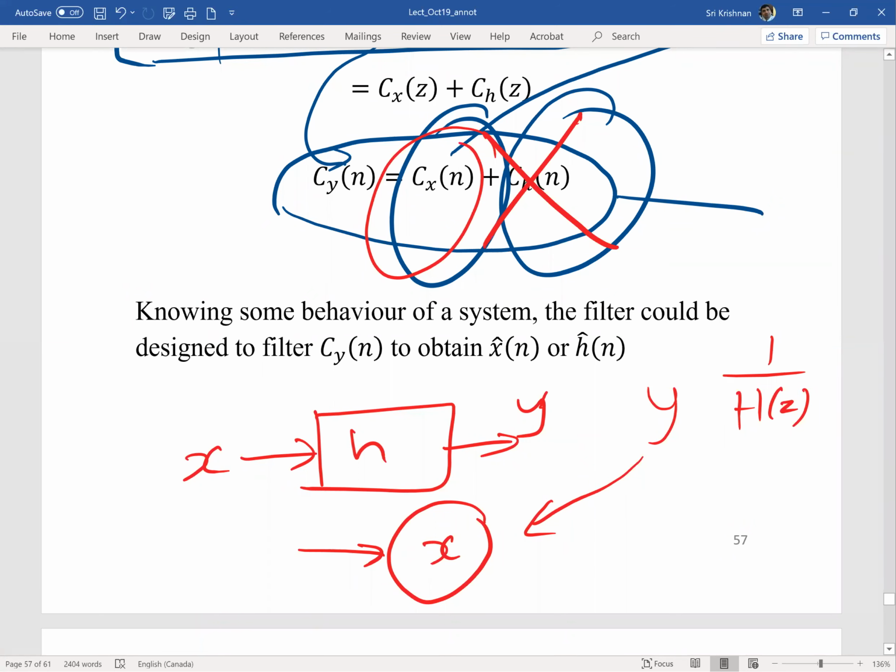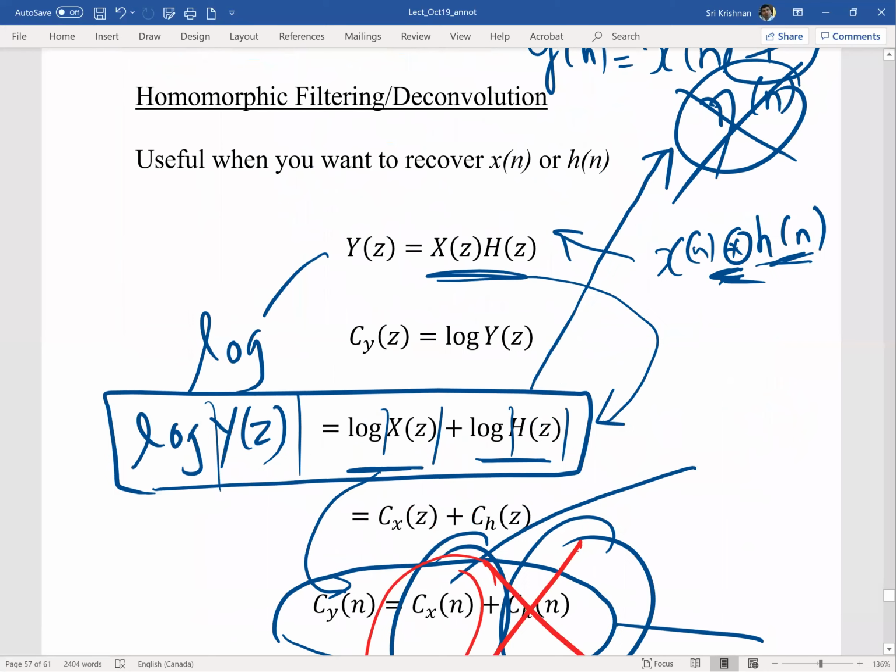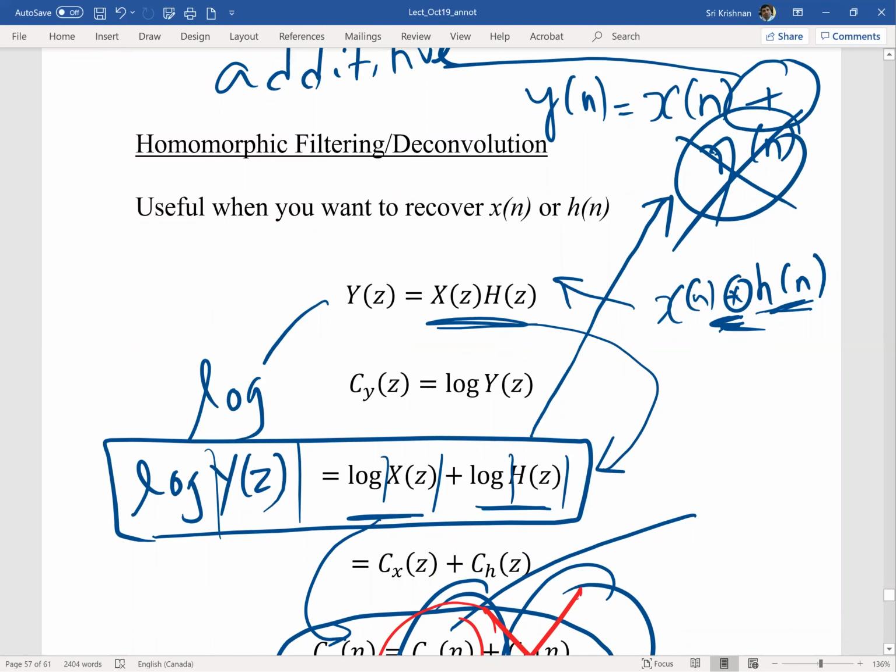And again, this same idea which we talked about so far is that if your noise happens to be multiplicative, then we can take multiplication to an addition operation by using log. And from the log, when we have the addition operation, then we can go back to the classical filtering that we have discussed so far and apply those filters. When your process is convolutive, going from convolution to addition takes one intermediate step.